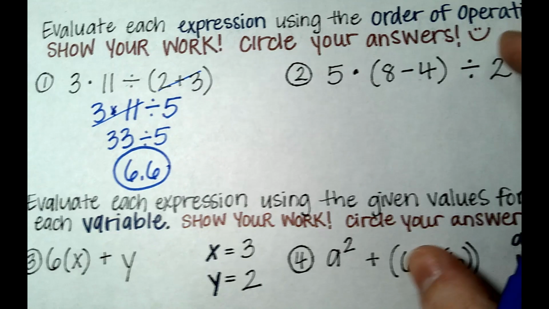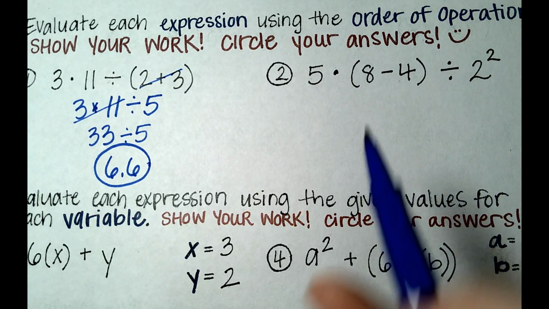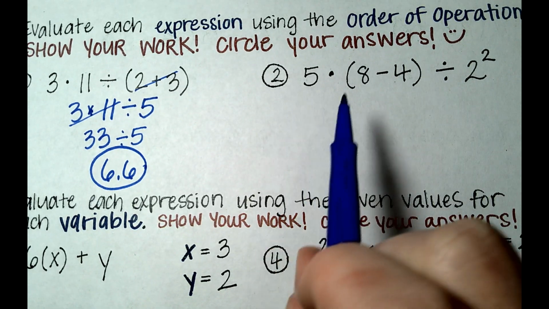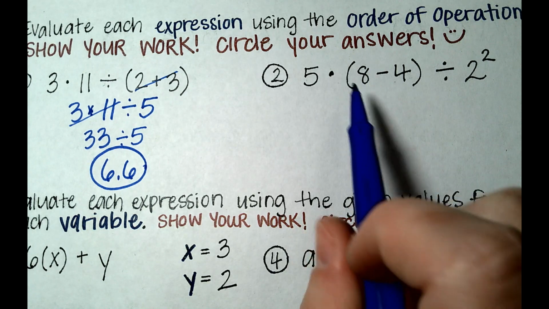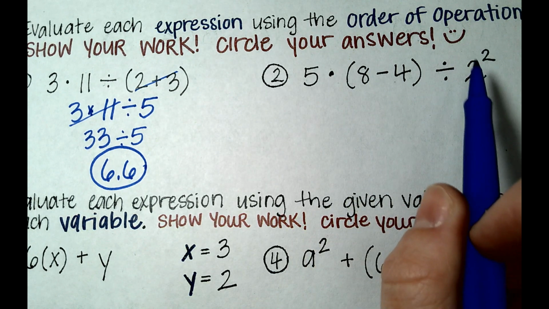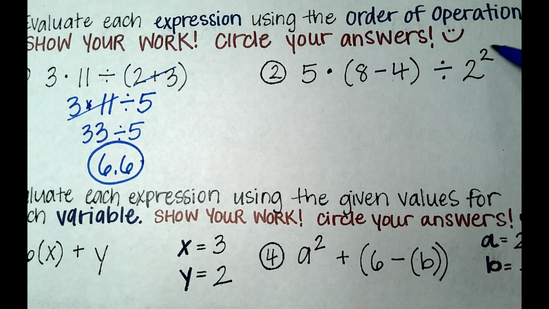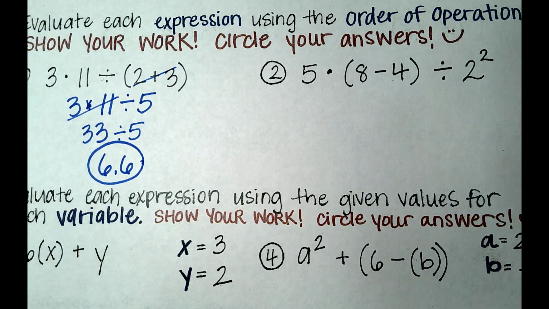Okay. Let's look at number 2. 5 times, parentheses, 8 minus 4, divided by 2 squared. Have we talked about squared? Let's talk about it. Okay, so a little side note.